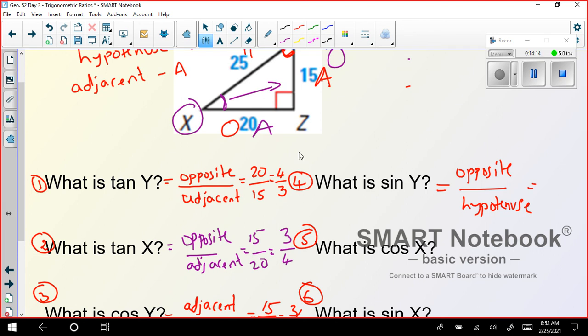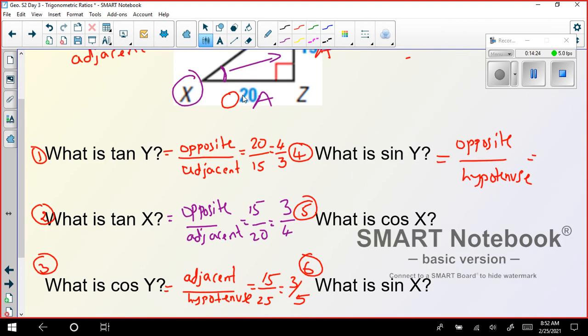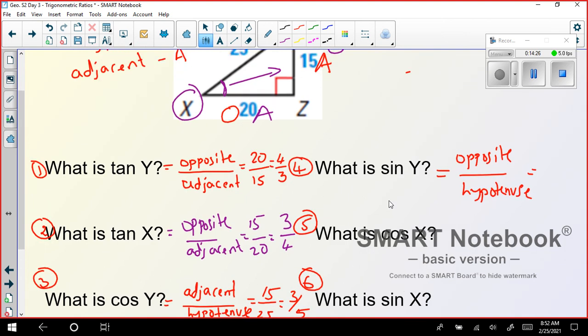In this case, y is here, this was your y, opposite is 20 and hypotenuse is 25. So I'll just write 20 over 25. Further, if I simplify, this becomes 5 times 4 and this becomes 5 times 5. So we have 4 over 5 as the side y.